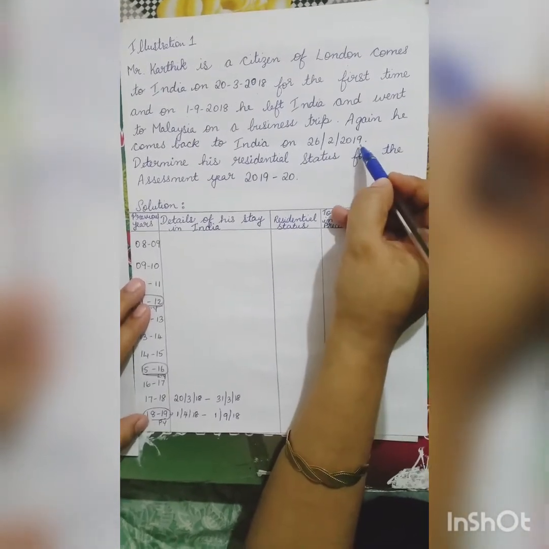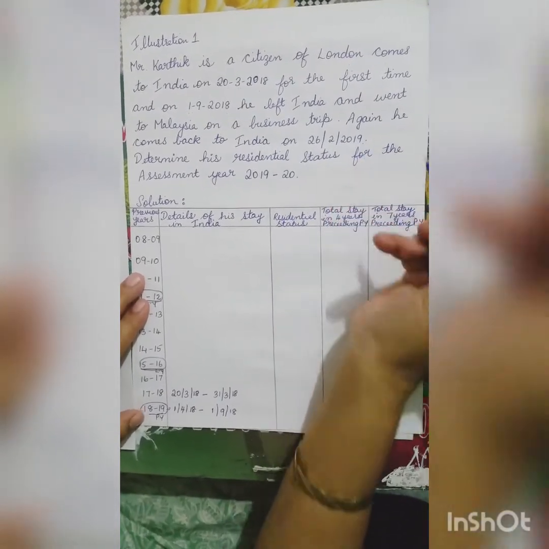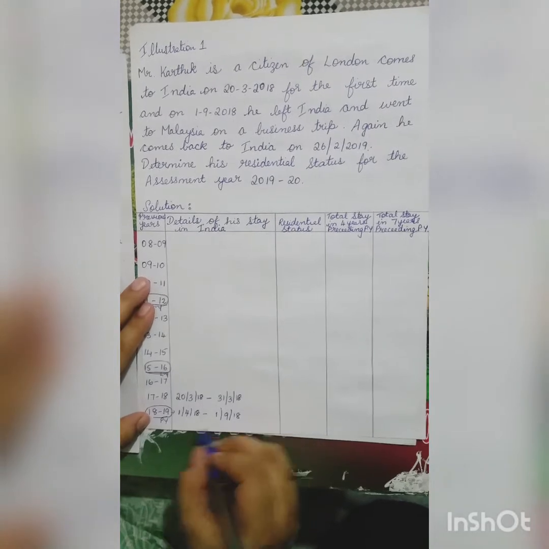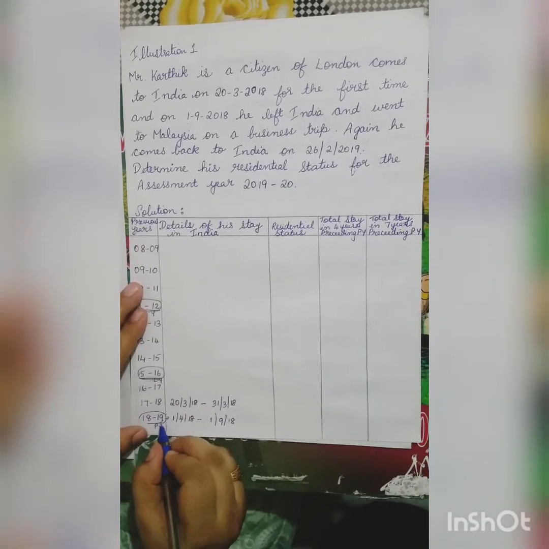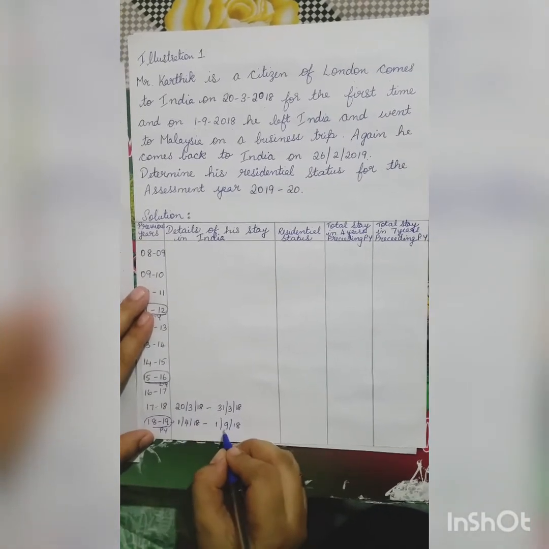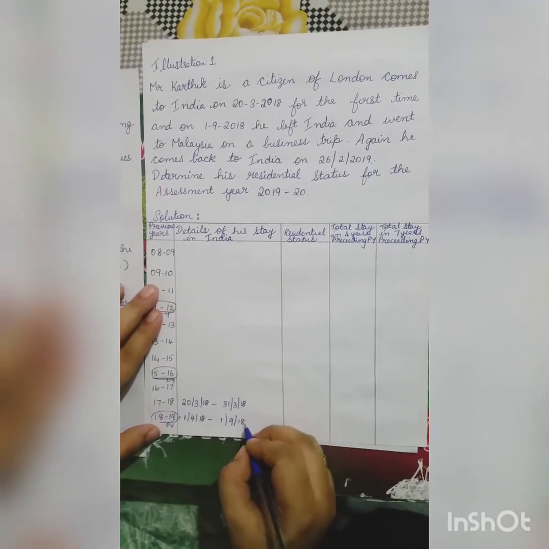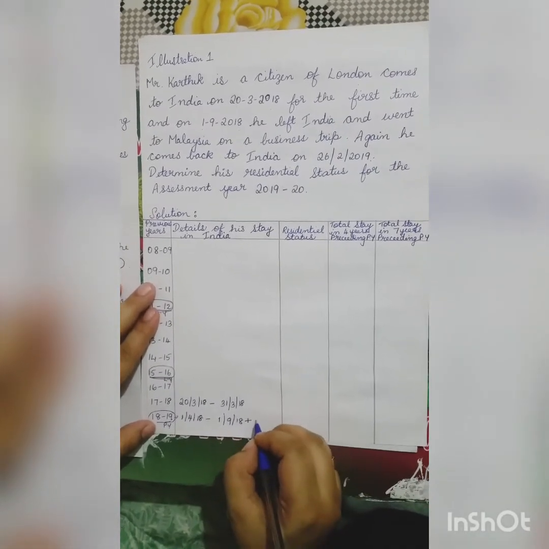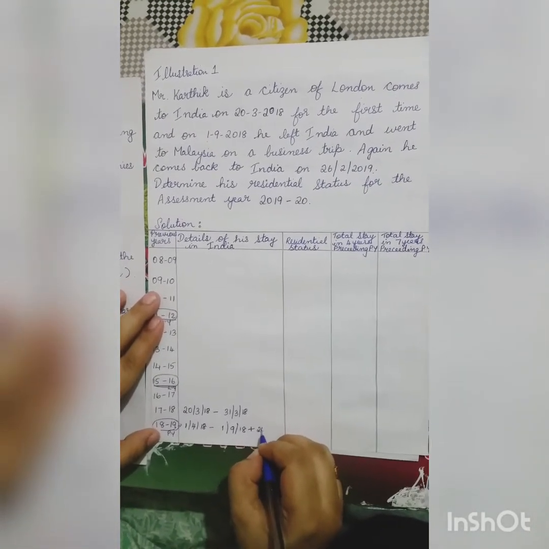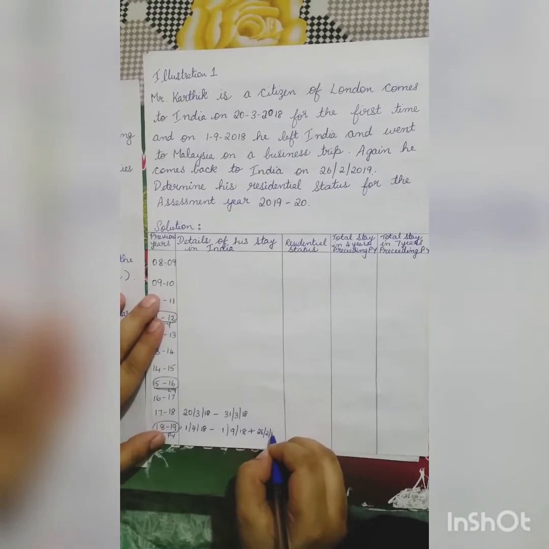See in which year this date appears. 26th of February 2019 comes over here because this year ends on 31st of March. So from 1st April till 1st September he's staying in this year, plus he's also coming back again on 26th of February 2019.